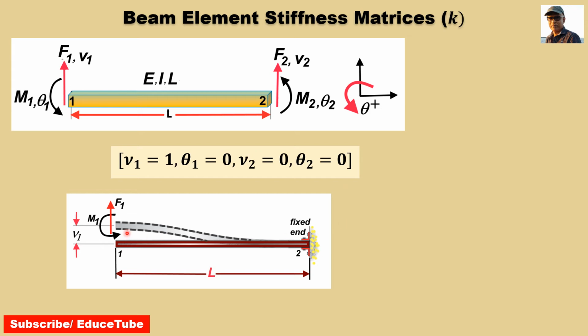And this is the deformed beam. Here node 2 is fixed. Now if node 1 of the member is displaced by ν1 relative to node 2, the chord of the member rotates anticlockwise.